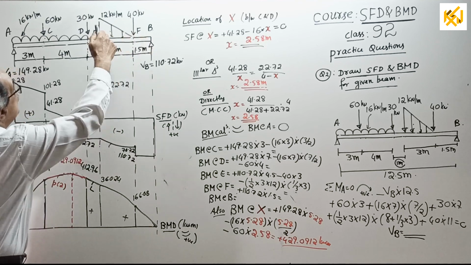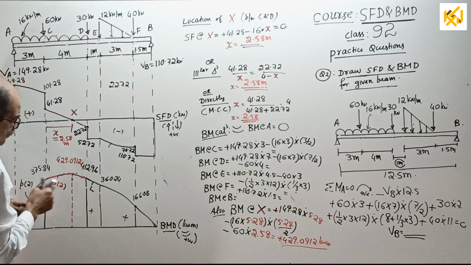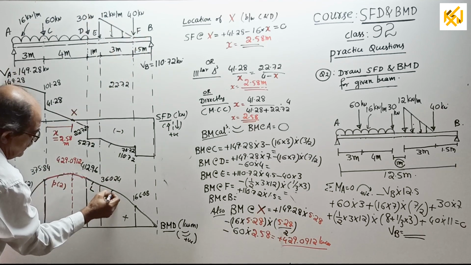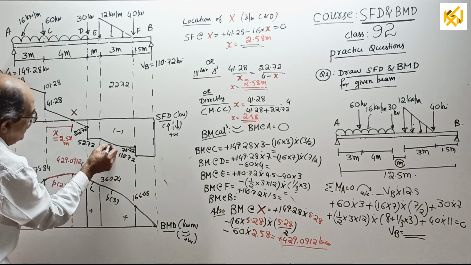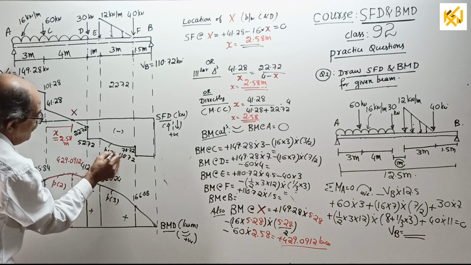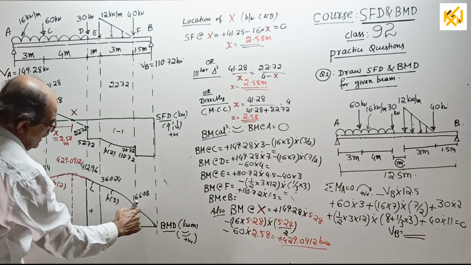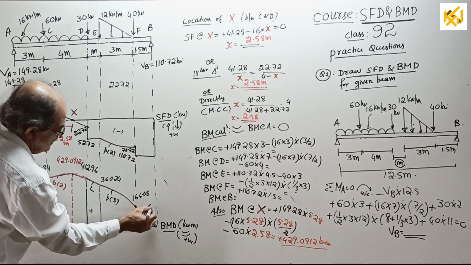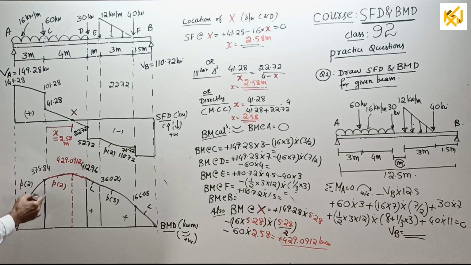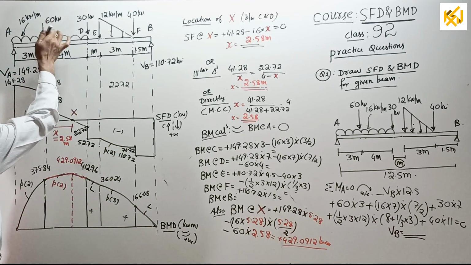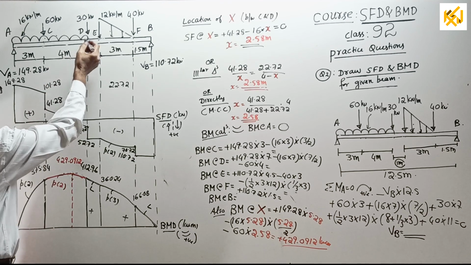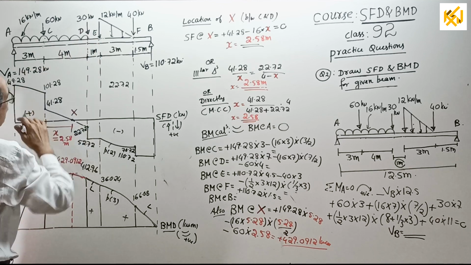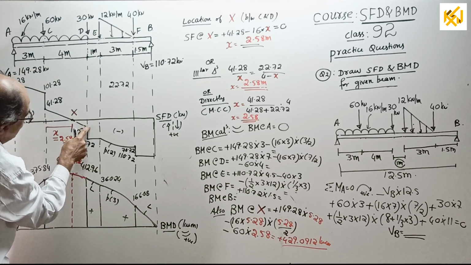E to F, uniformly varying load. Therefore, this will be parabola of third degree. So I forgot right here. See, this will be parabola of second degree. Why? SFD BMD. And lastly, this is linear. Now see, here either side different shear force. See here. So this side slope is more, that side slope is lesser. Here also same thing. This side slope is lesser, 22.72.